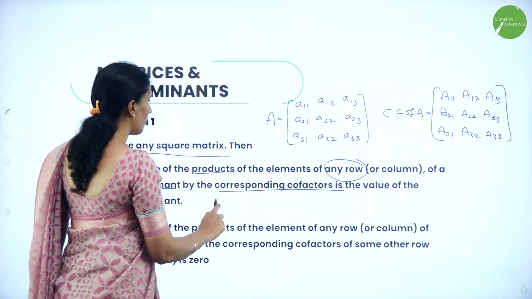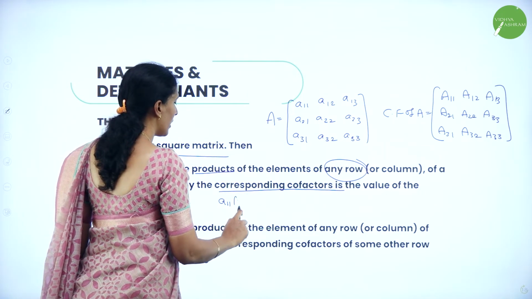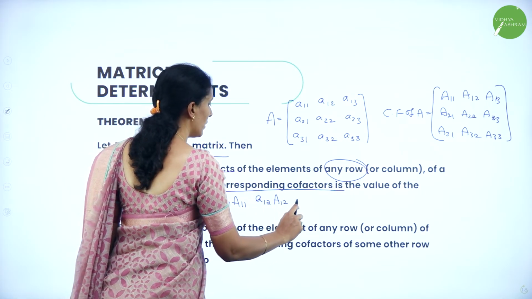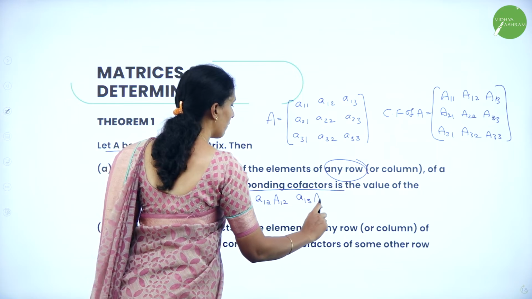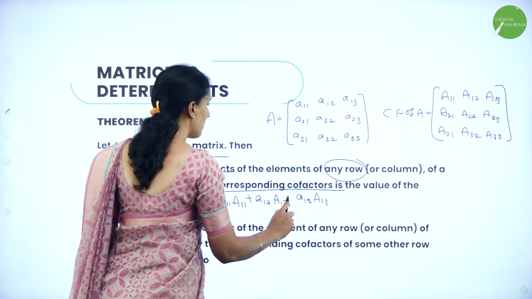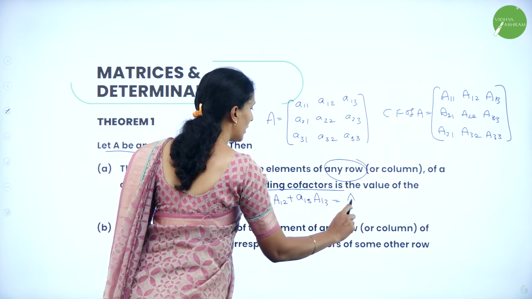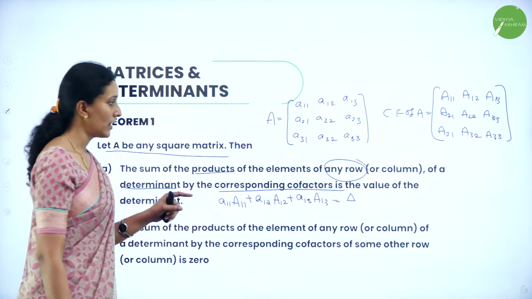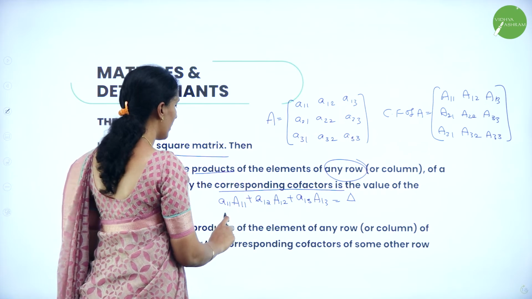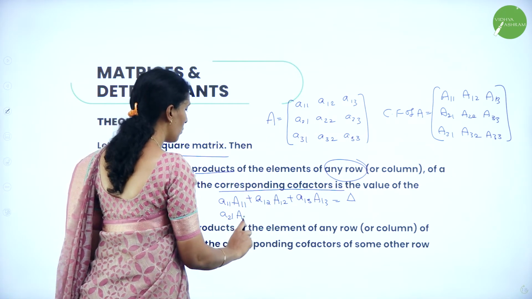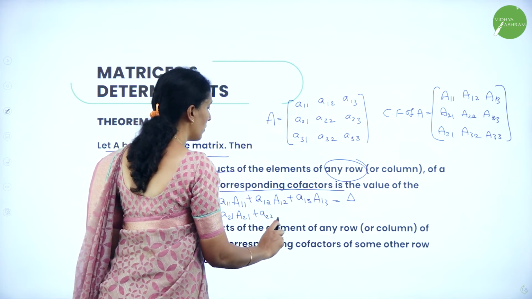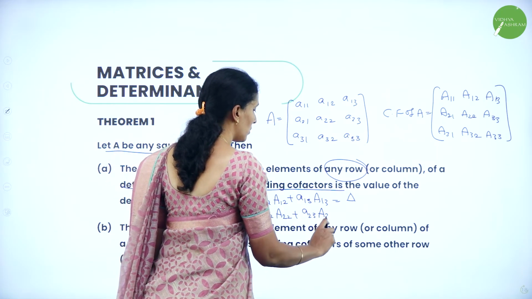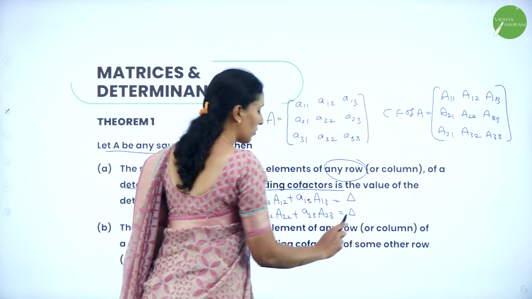That is, if you multiply a11 with A11, a12 with A12, a13 with A13, then their sum will always equal the determinant value. This is what the theorem says. Similarly, a21 with A21, a22 with A22, a23 with A23 is also equal to delta.